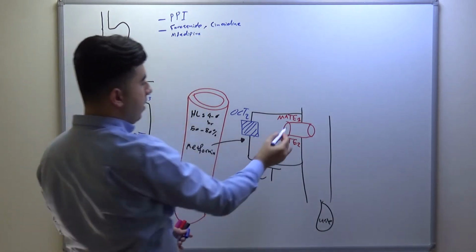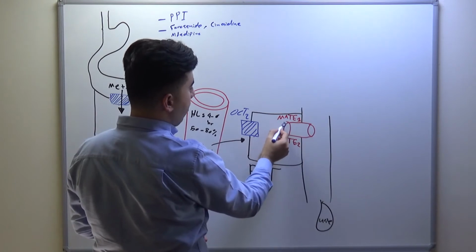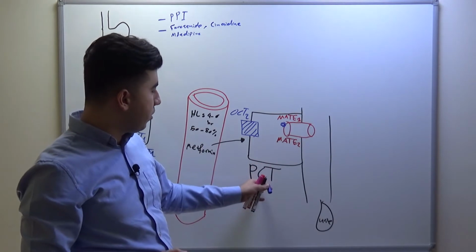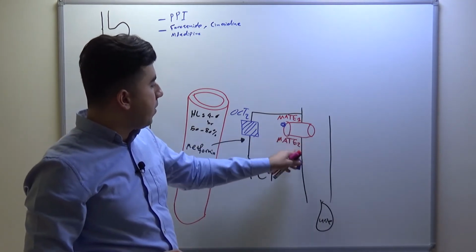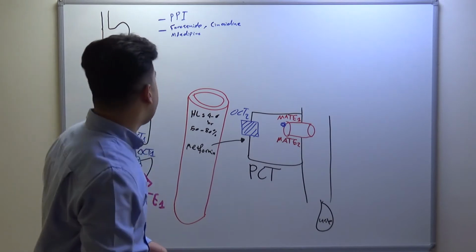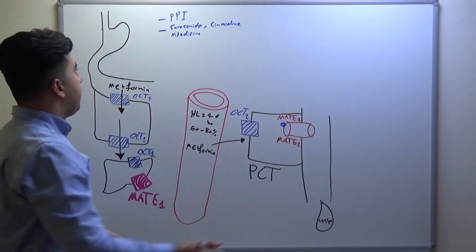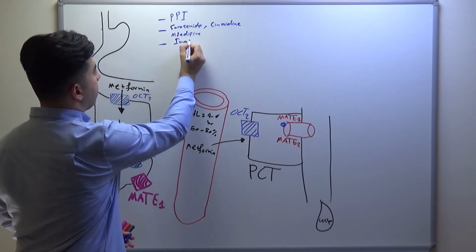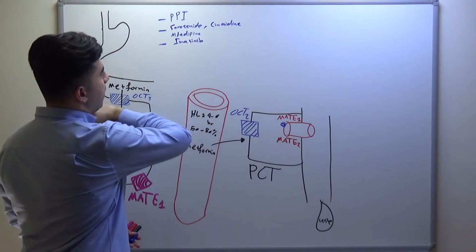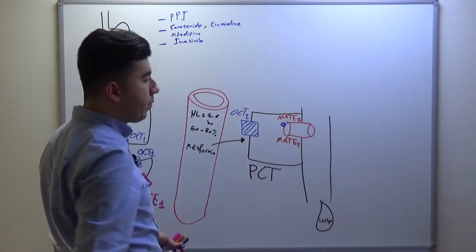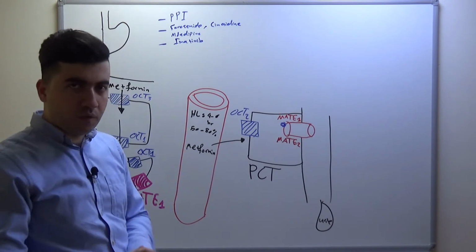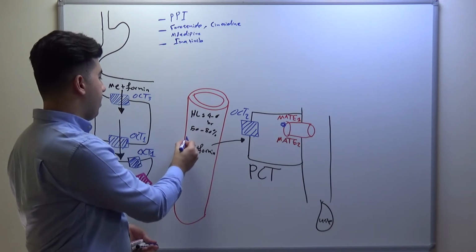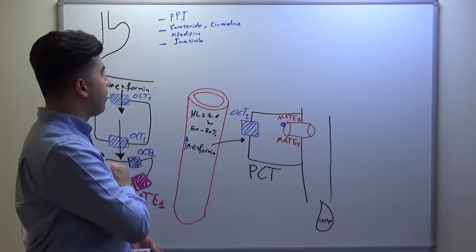These drugs inhibit MATE or compete with metformin, so metformin secretion from the proximal convoluted tubule through MATE1 and MATE2 will be reduced. Some other drugs, for example, imatinib. Imatinib also inhibits metformin secretion in the proximal convoluted tubule, and thus increases the metformin level in the circulation, right?